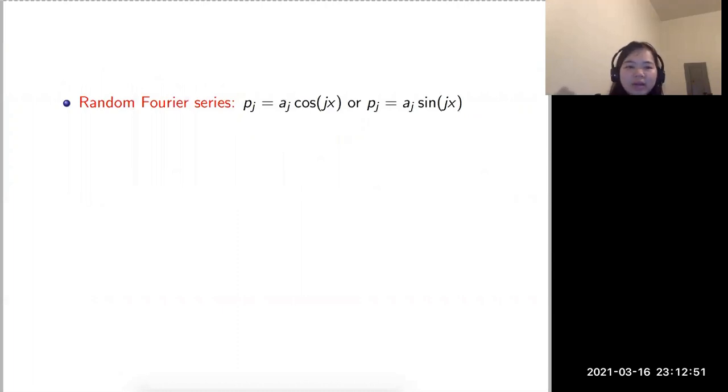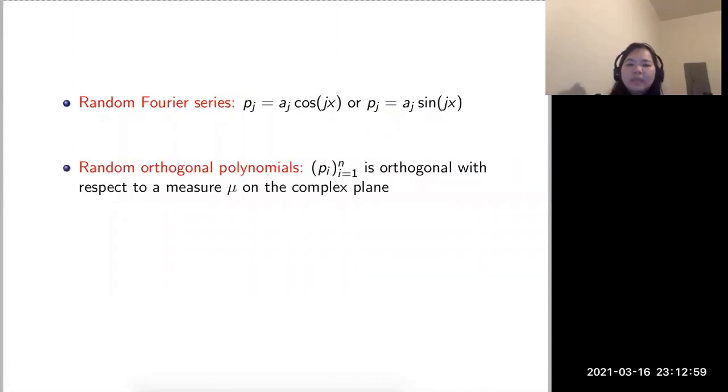And then random Fourier series, of course, whose terms are cosine and sine functions. And more generally, we have random orthogonal polynomials, when the polynomials are orthogonal with respect to a measure mu on the complex plane. So these are the most general, and these appear in approximation theory.